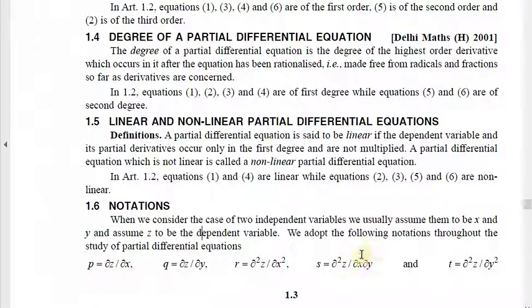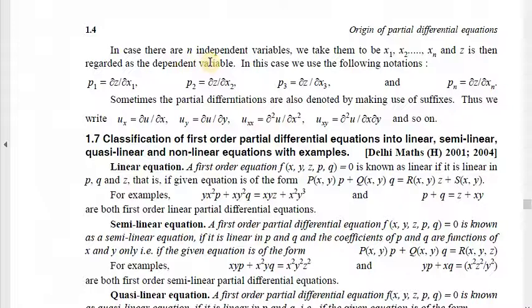If you differentiate the dependent variable with respect to x and then again with respect to y, we denote the term as s, and t is the second order partial derivative of z with respect to y.